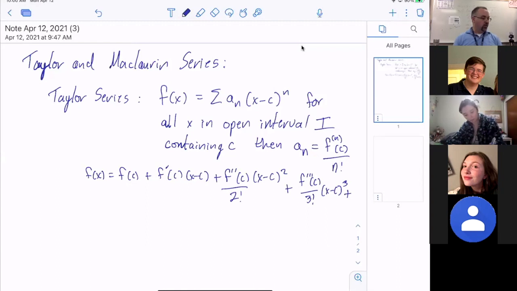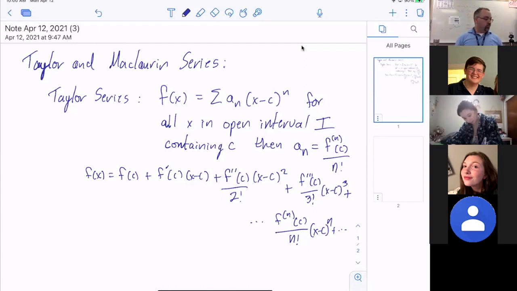And it just continues on and on until you get that nth derivative at C over n factorial, x minus C to the n. But then it keeps going. It's an infinite series.